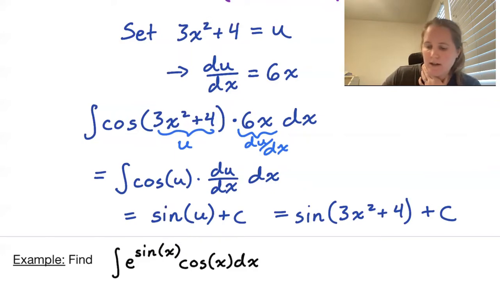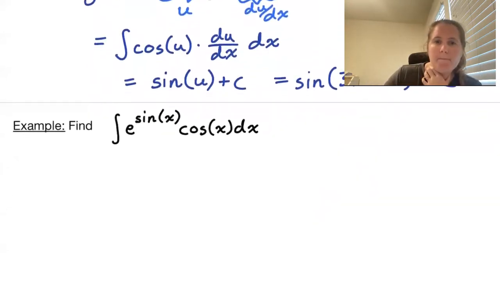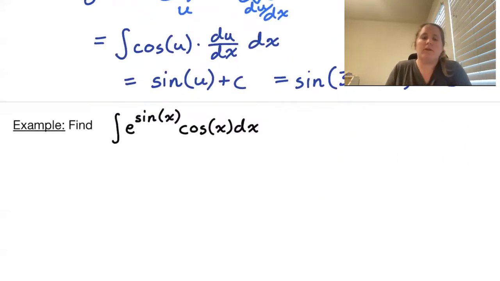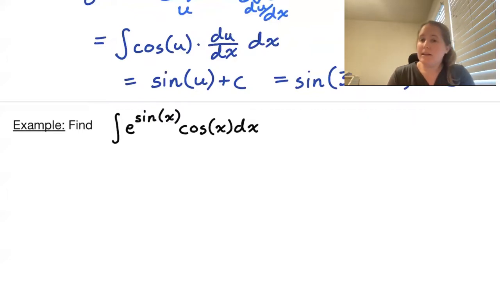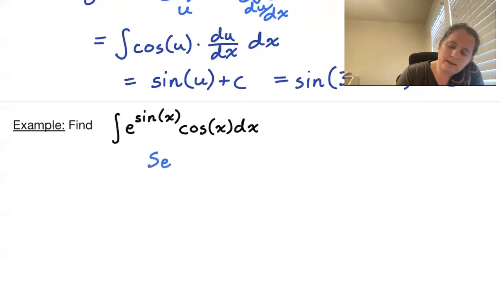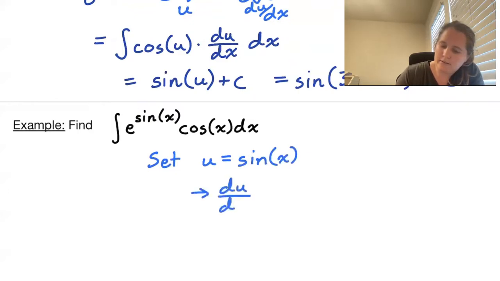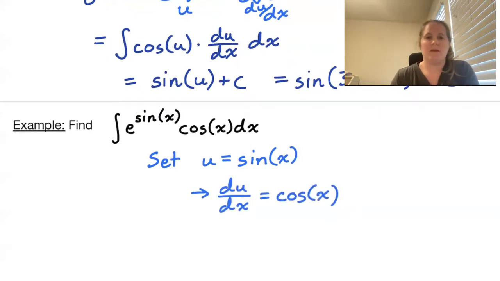Let's take a look at another such problem. We want to find the integral of e to the sine of x, cosine of x dx. Once again, e to the sine x is a composition. That's where we want to focus. So let's set u to be sine of x, and that means that du dx would be cosine of x. This looks promising, right?